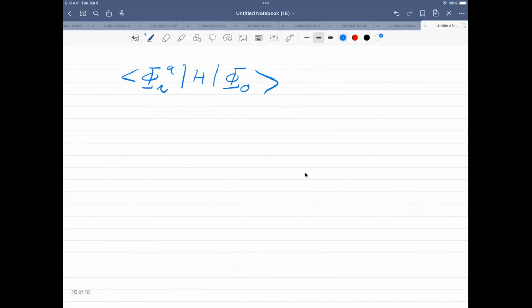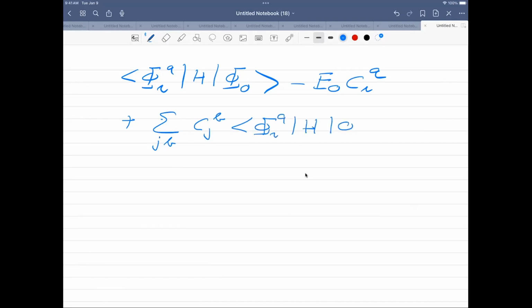And then I have a minus E0 times C_IA, and then I have the next term, which runs like a sum over J and B. I have the unknown coefficients, and then I have the integrals, which involve these specific states. And then in addition, I get the two body piece. I get B, C, J, K, C_JK,BC.